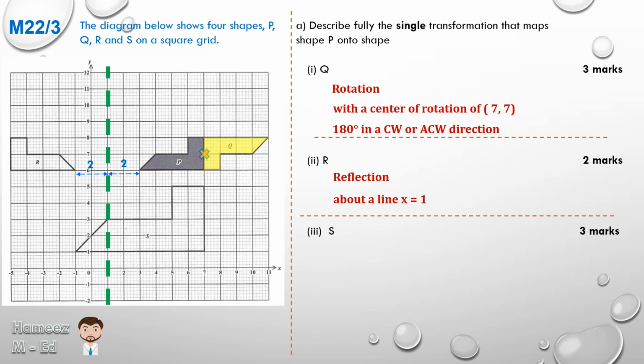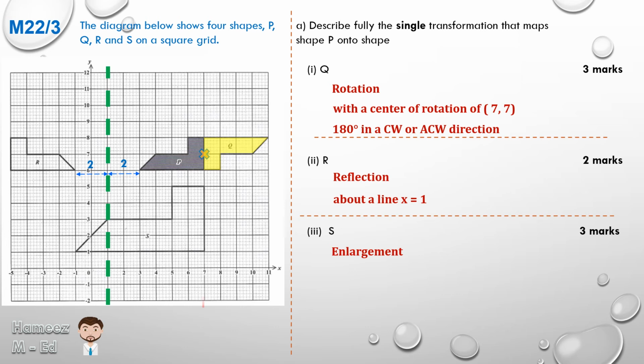So if we look at shape P again, that's our original shape, which is shaded, and shape S, which is below but larger, it means that going from P to S, there is an enlargement. And if there's an enlargement, we want to find the center of enlargement. And how do we do that? Well, we can just connect the corners or vertices by straight lines. So let's look at the right-hand side of P. That's a vertical line.